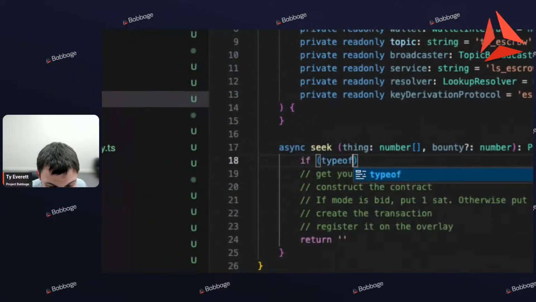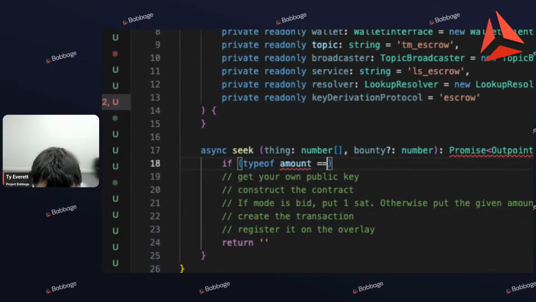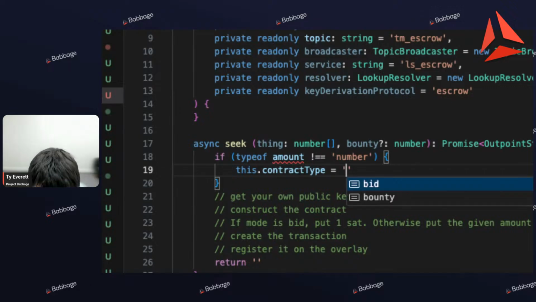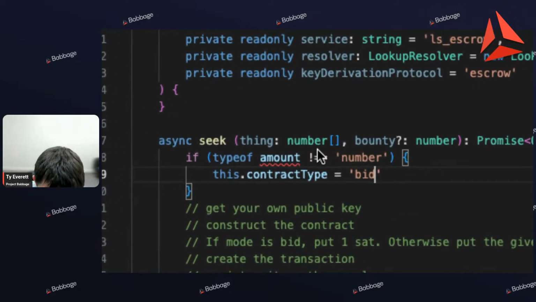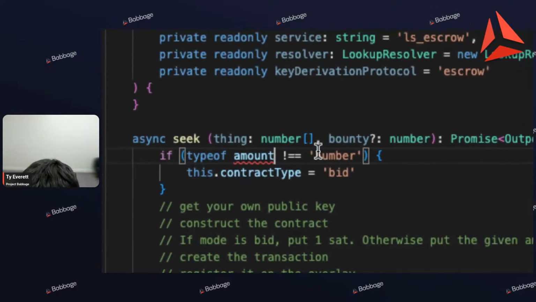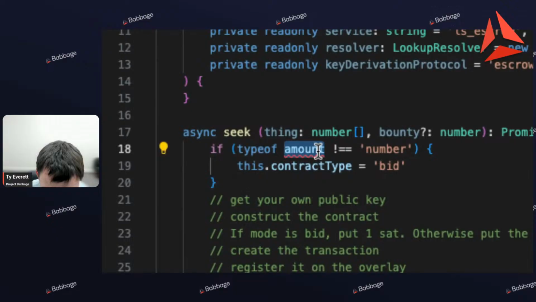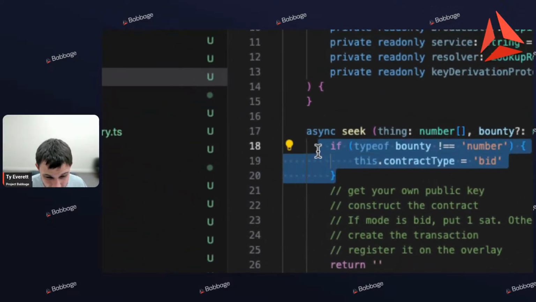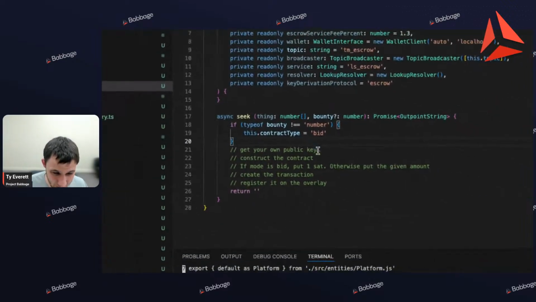If type of amount is not number, then contract type goes to bid. If you didn't provide an amount, then everybody bids. Bounty, rather. If you didn't provide a bounty, then everybody can bid. Okay, so that wrinkle has been resolved.